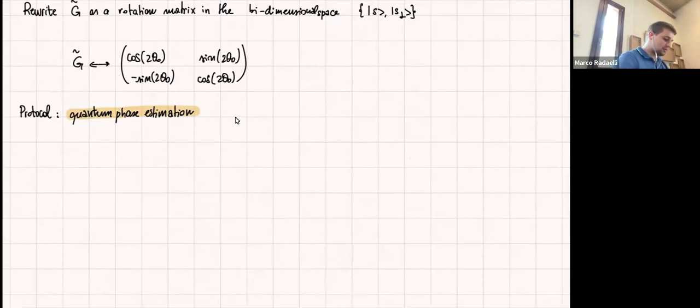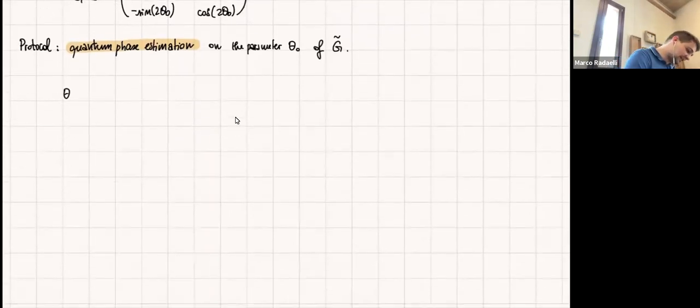In this case, we are going to apply quantum phase estimation on the parameter theta naught of G tilde. If we get theta naught, then we know that theta naught is the arcsine of the square root of M over L. And since we know L, at that point, we can relatively easily calculate the number of solutions. And once we have the number of solutions, as we said earlier, we can directly calculate the ideal number of iterations.